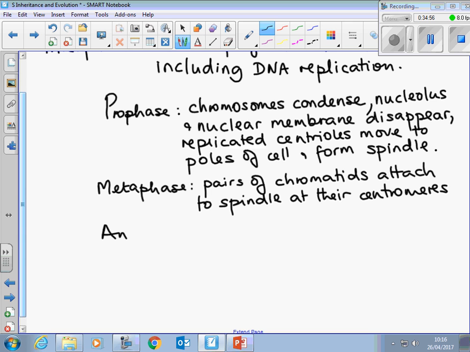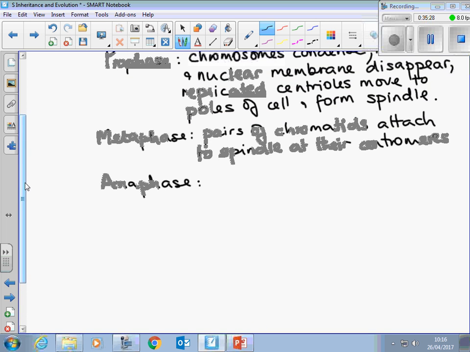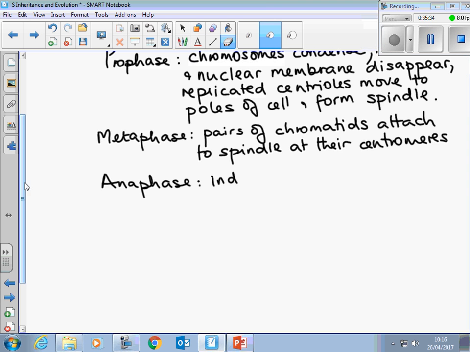Following that, we've got anaphase. And this is where the centromeres break. They split into two, and individual chromosomes can then be pulled to the poles of the cell by the contracting spindle fibers. I will keep calling them fibers, but actually they're microtubules. Not critical, to be honest, but it's me being a little bit sloppy with that. But individual, oh, no. I need to say centromeres split first, don't I?